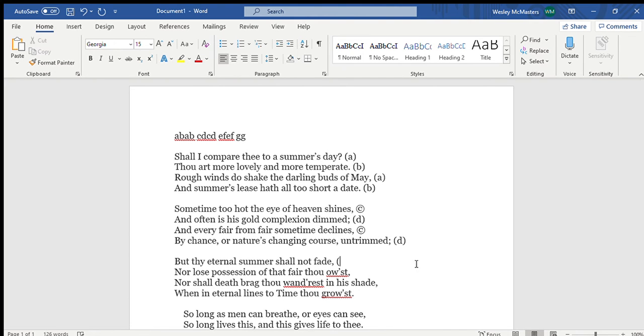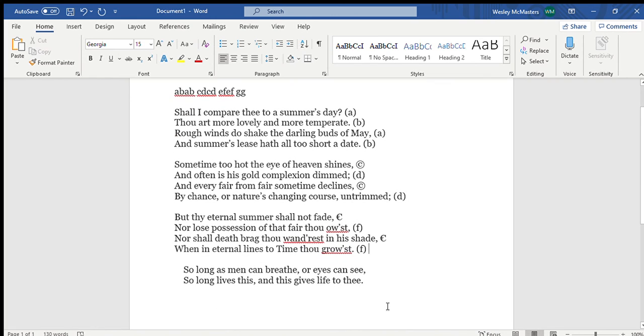And then here, you can imagine, same thing, E, F, E, F. Fade rhymes with shade, owest, growest. We'll go with it that way. And then the GG, you can see that the 2 lines there are marked with G, so they should rhyme, right?